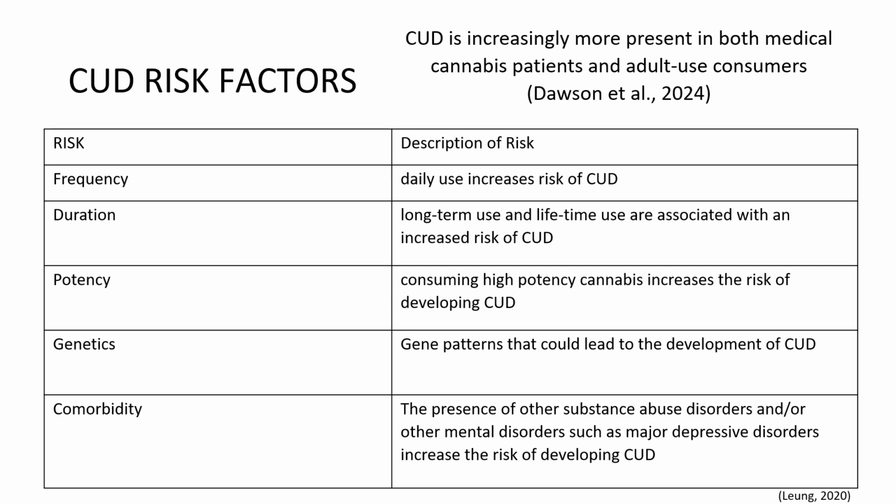Genetics. There are gene patterns that could lead to the development of cannabinoid use disorder. Comorbidity. The presence of other substance abuse disorders and or other mental disorders such as major depressive disorder increases the risk of developing CUD.